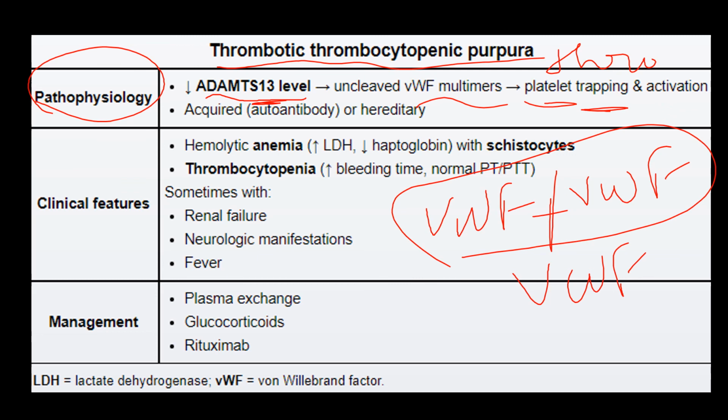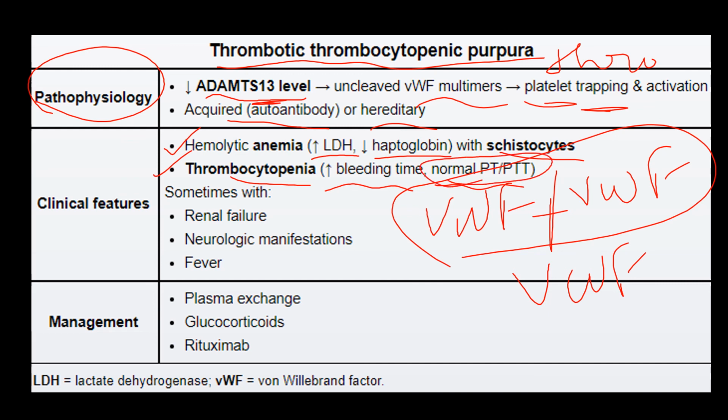It can be acquired, such as due to autoantibody, or it can be hereditary. The clinical features are hemolytic anemia that results in increased lactate dehydrogenase and decreased haptoglobin with schistocytes, and thrombocytopenia that results in increased bleeding time with a normal PT and PTT.